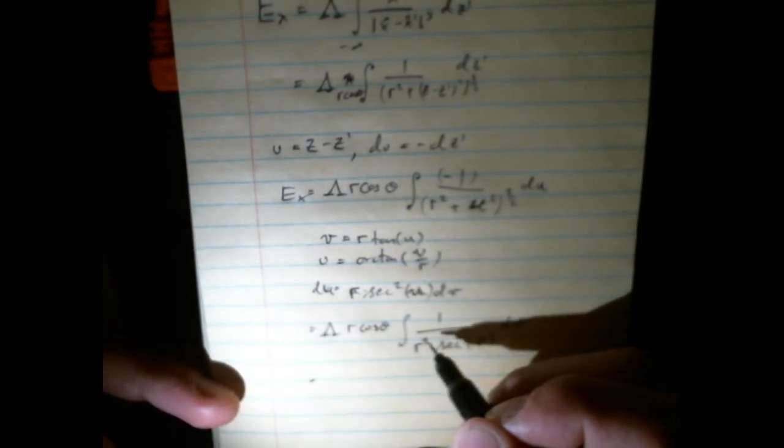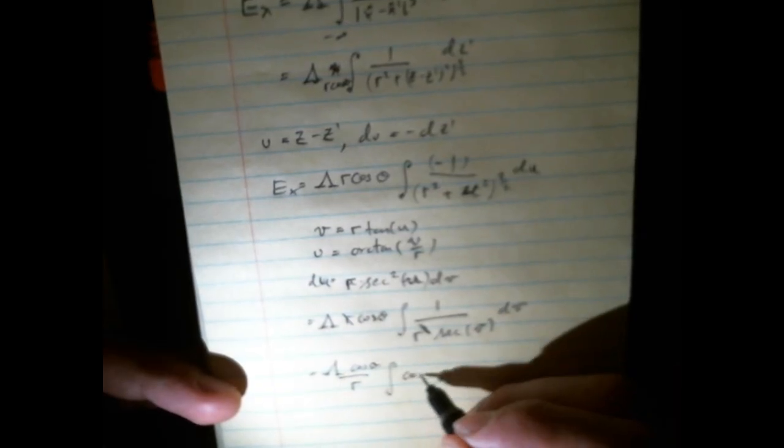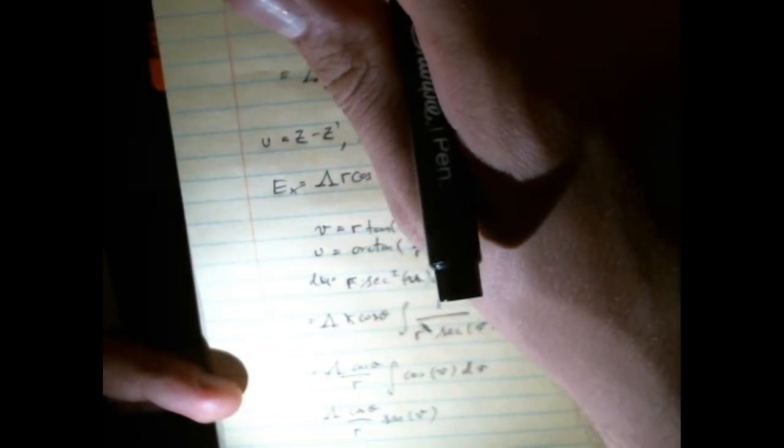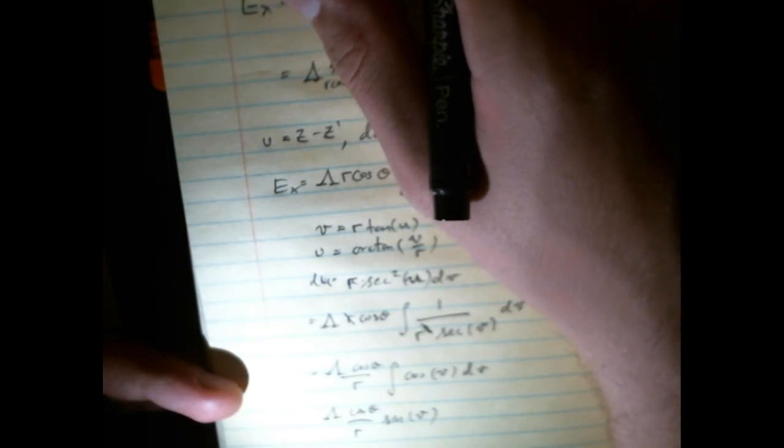Okay, and so now we can simply cancel this out. The integral of 1 over secant is simply cos v dv, and this gives us lambda cos theta r sine v.